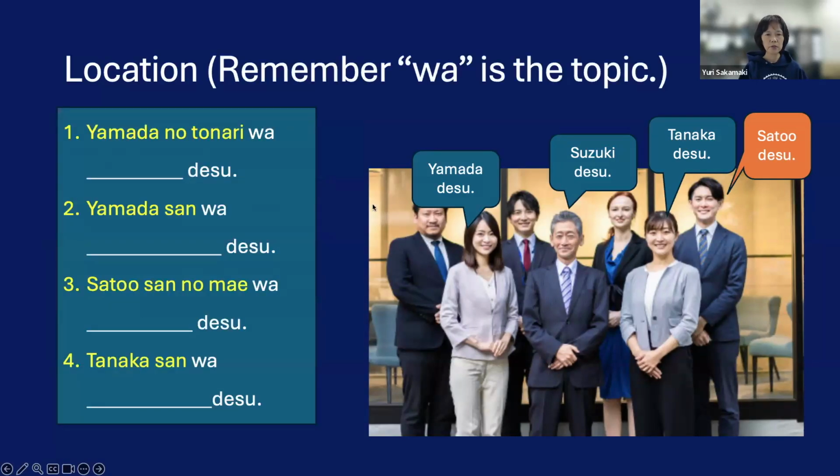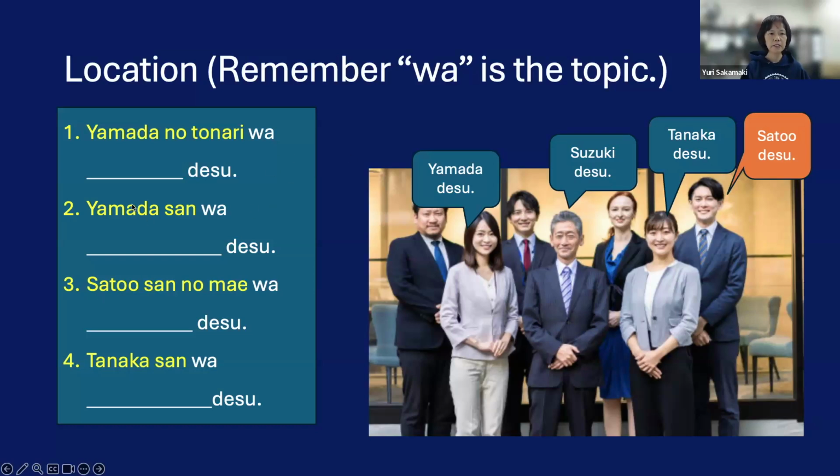Okay, more. So wa is a topic. So sentences like this. Okay, number 1, 1番. Yamada no tonari wa. Okay, there's no one else here, so you have to look at this. So the person who's next to Yamada, that's the topic of number one sentence. So it's gonna be Suzuki-san desu.